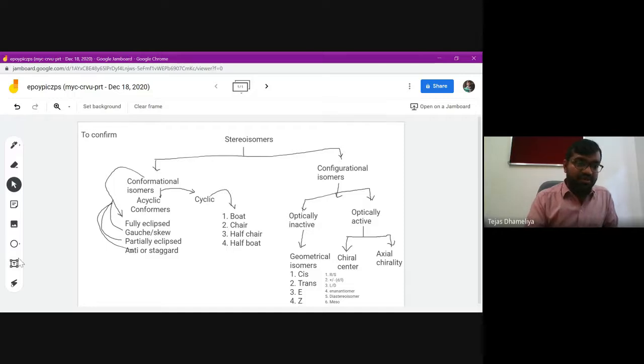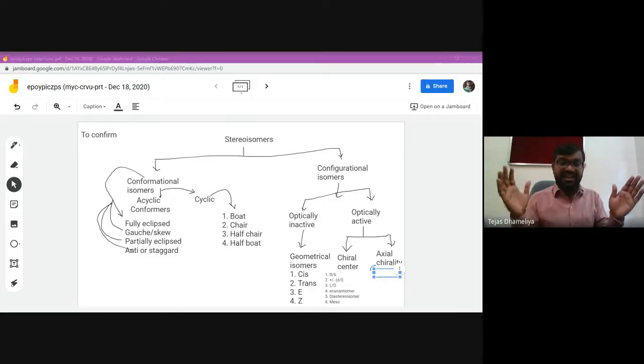Now I will go to the last class of this classification, axial chirality. These molecules possess chirality across an axis: X-axis, Y-axis or Z-axis.